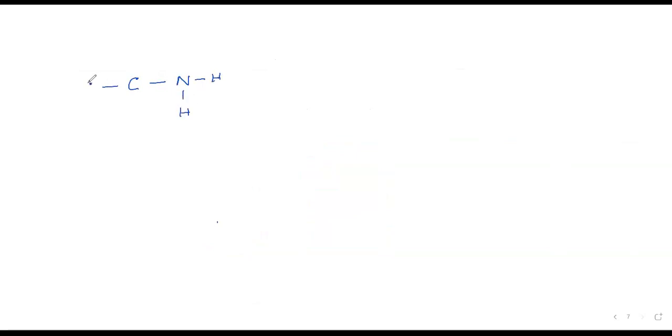On the other side, it will have a carboxylic acid group. Then on one side, it will have hydrogen, and on the other side, it will have your R. This is one amino acid, and then we have another amino acid.